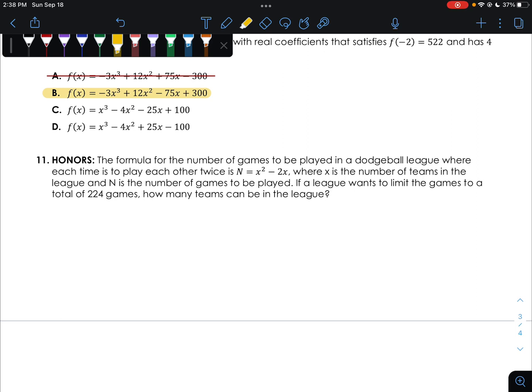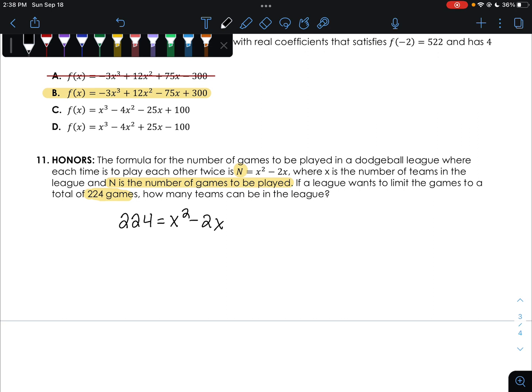So we want to limit the number of games to 224. It says n is the number of games to be played, which means we need to replace the n in the equation with 224. So we have 224 equals x squared minus 2x.